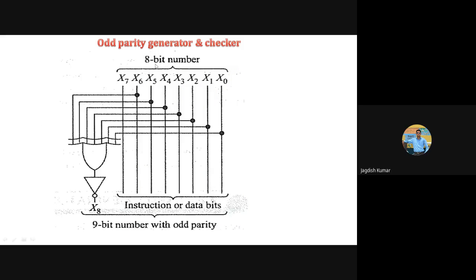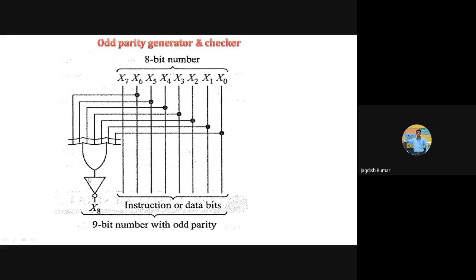What is the bit size of your communication? That's important. So this is representing an 8-bit odd parity generator. Why odd parity generator? You can check actually. You have 8 data bits. What is the situation here? There is a NOT gate placed here. Make sure the operation is not wrong, you cross check. For even parity generator, we didn't have a NOT gate.